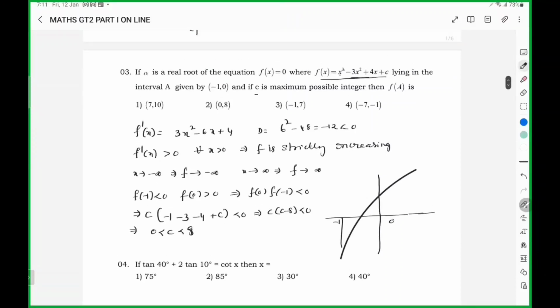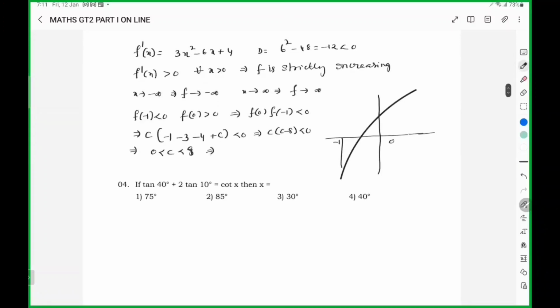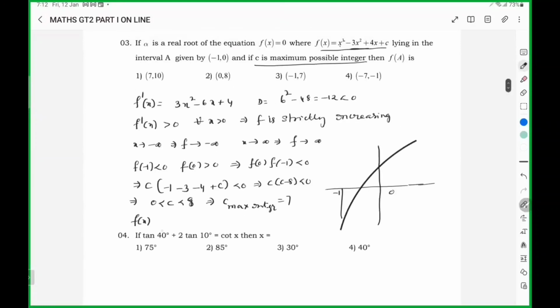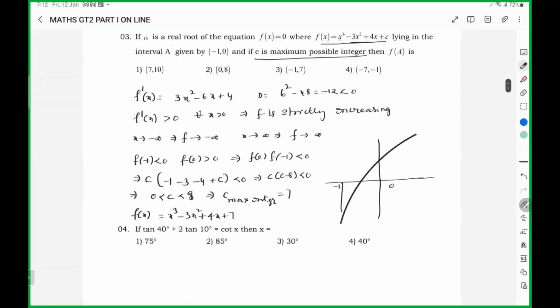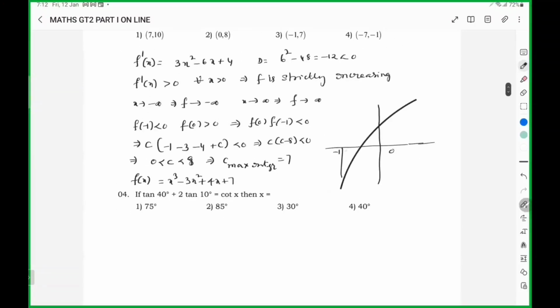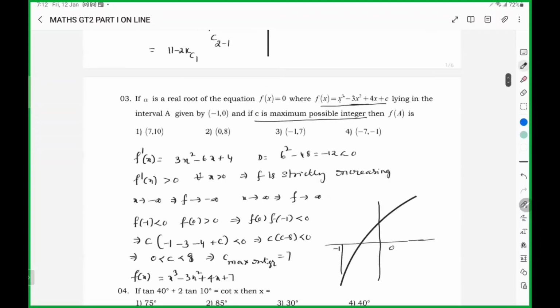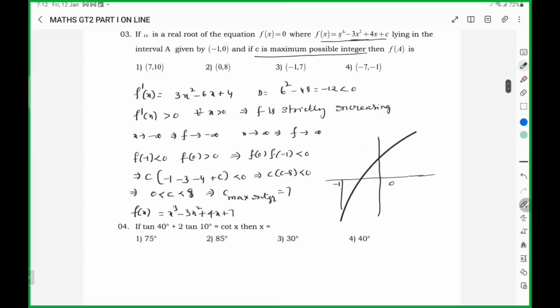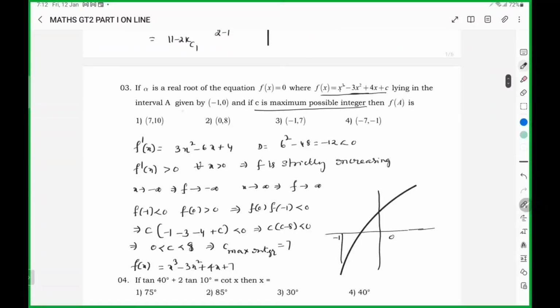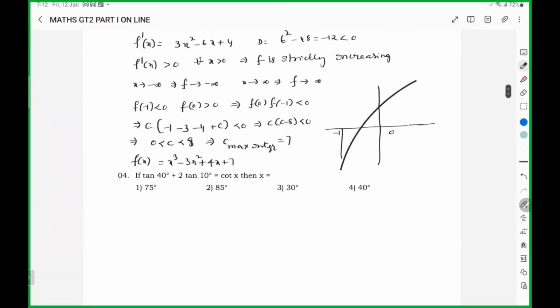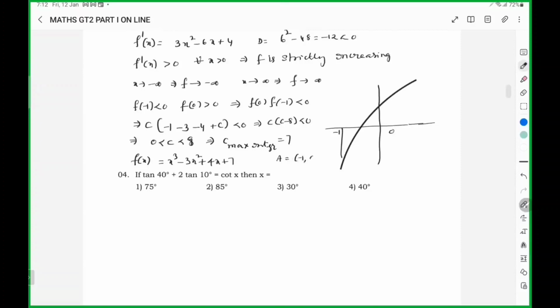And he told c is the maximum possible integer. So the maximum integer will be 7. So f of x becomes x cube minus 3x square plus 4x plus 7. Since f is increasing, to find the range, a lies in the interval -1 to 0.